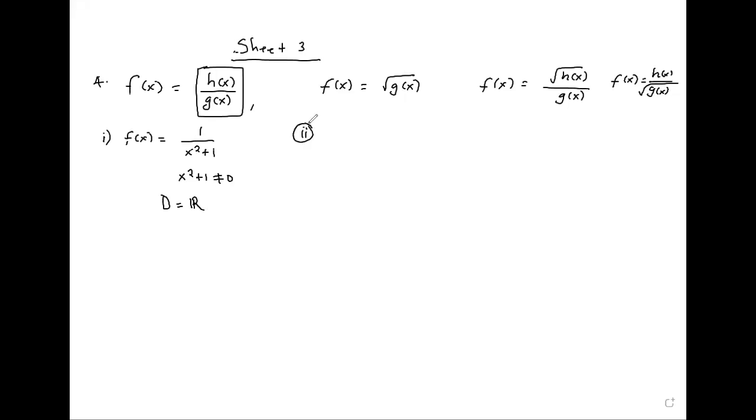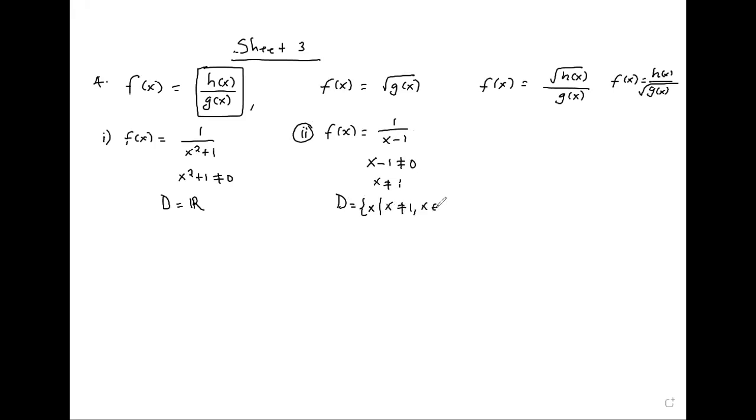The second piece is f of x is equal to 1 over x minus 1. Now, are we able to get the domain of this? Of course, yes. x minus 1 should just not be equal to 0. So we don't need to allow x to be 1. So the domain can be any value of x for as long as it's not 1.